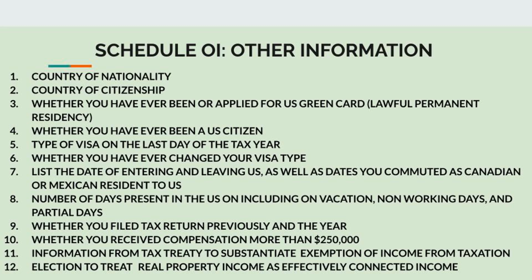However, the IRC code does allow you to make the election to treat that income as effectively connected income, and that will allow you to make the deductions from that and also reduce the tax rate that is applied to that income.